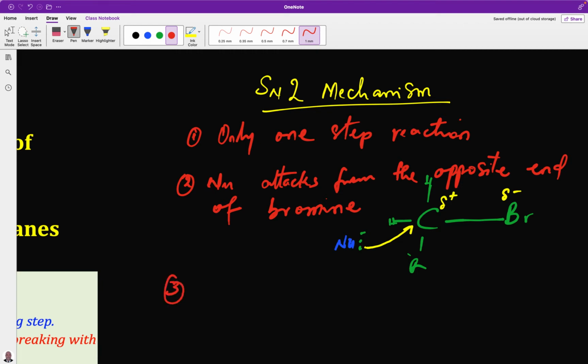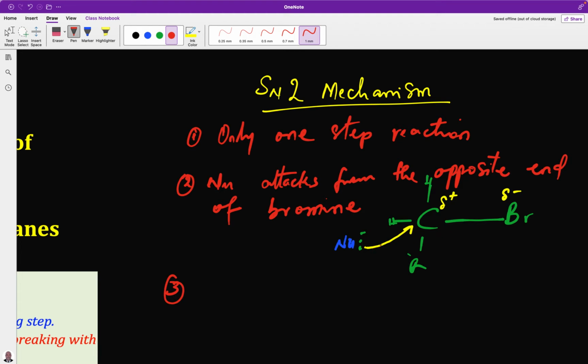Number 3. The partial negative bromine will do what? It hinders the attack from its side. When a nucleophile is coming from this end, the nucleophile is electron rich. It cannot attack from the side of bromine because the partial negative bromine will repel the nucleophile.